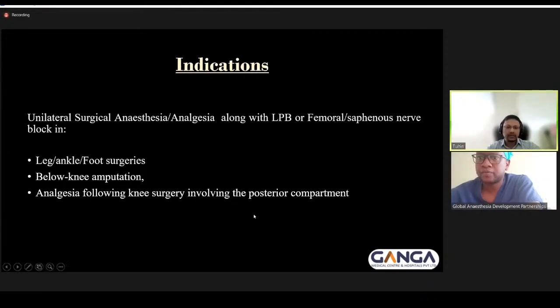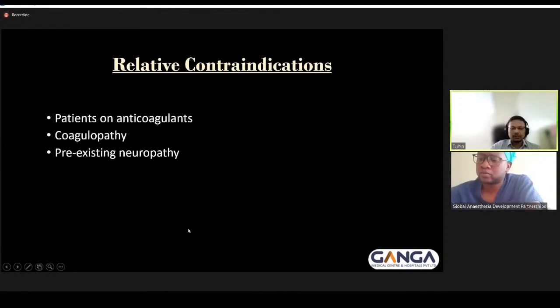It often needs a lumbar plexus block or femoral or saphenous nerve block to provide complete anesthesia or analgesia according to the surgical area. It is absolutely contraindicated in case of patient's refusal or presence of infection at the site of needle entry point.